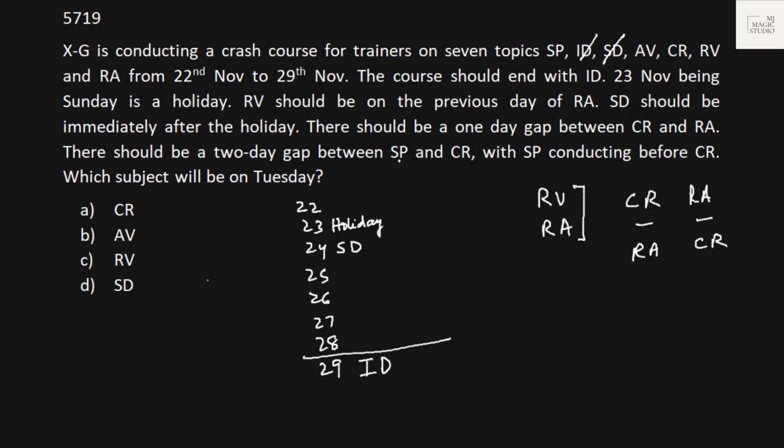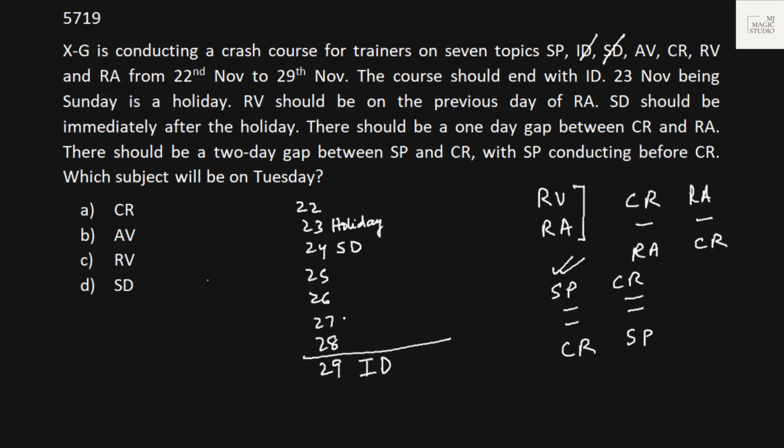There should be a 2 day gap between SP and CR. Okay, so if it is SP, 2 day gap, CR, or CR, 2 day gap, SP, with SP conducted before CR. So this should be the pattern. SP dash dash CR.